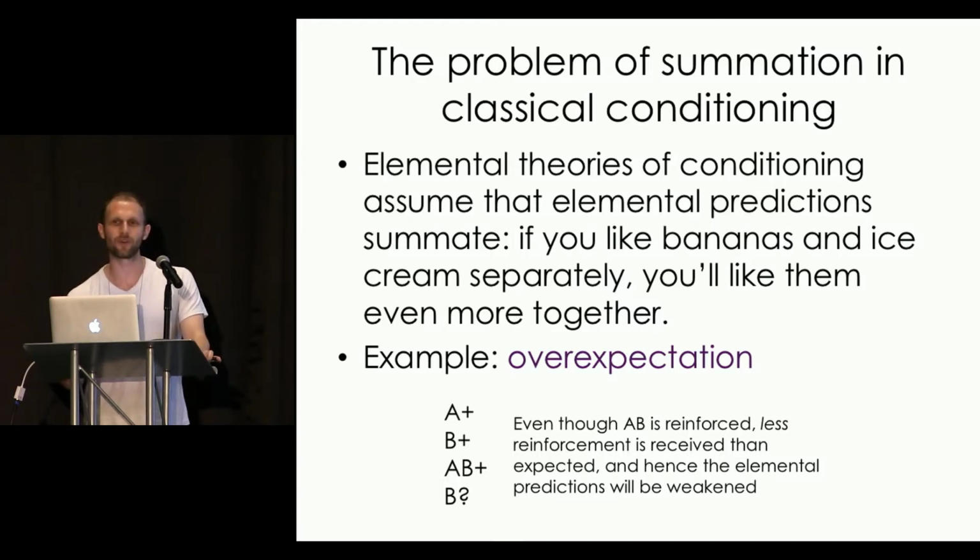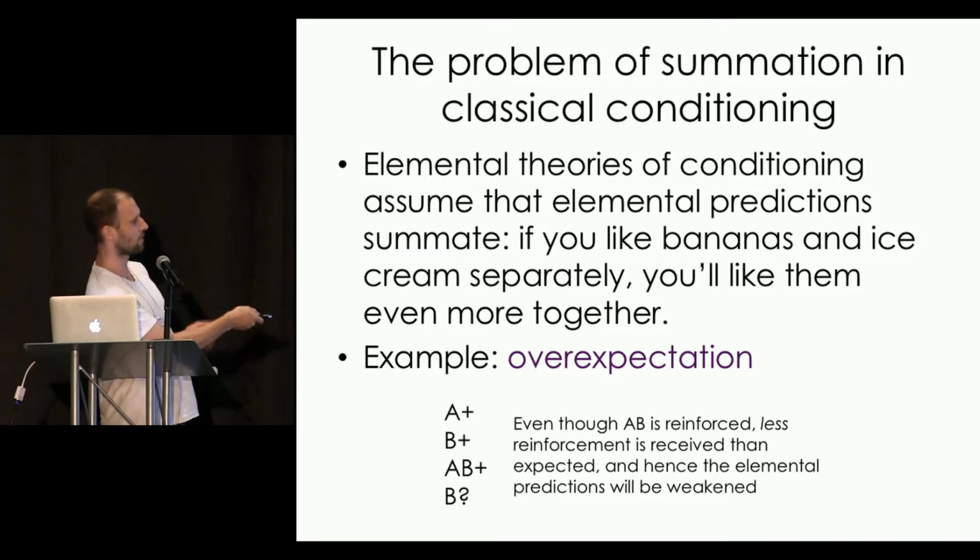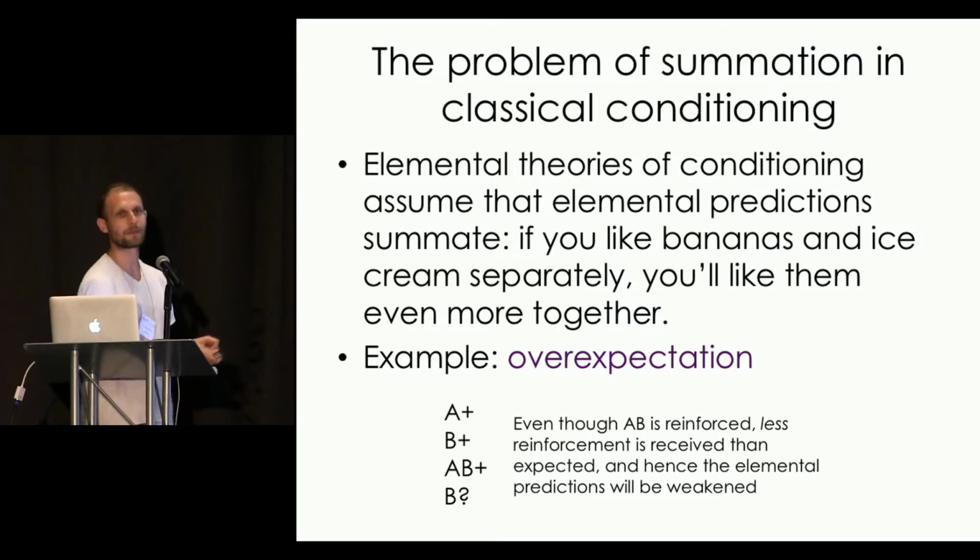My favorite is called the overexpectation effect. In this example, you're conditioning stimulus A and stimulus B separately, and then you condition them together, and then you test one of the elements in compound.